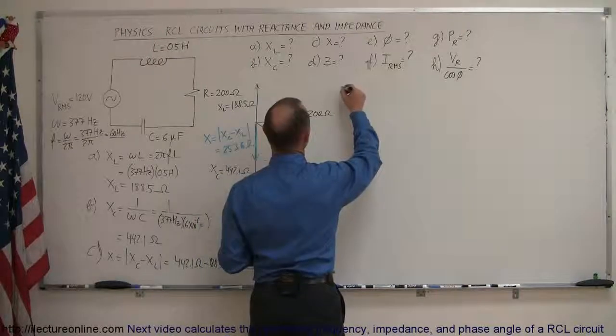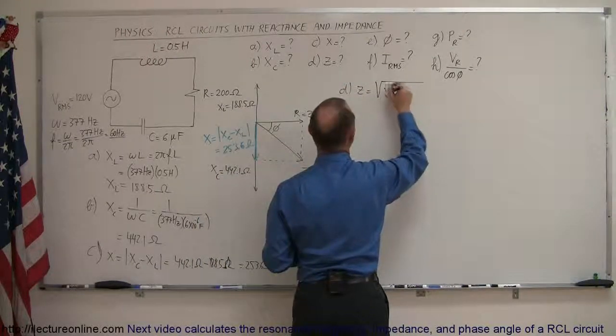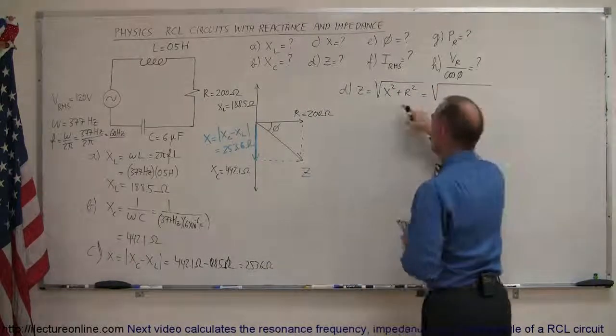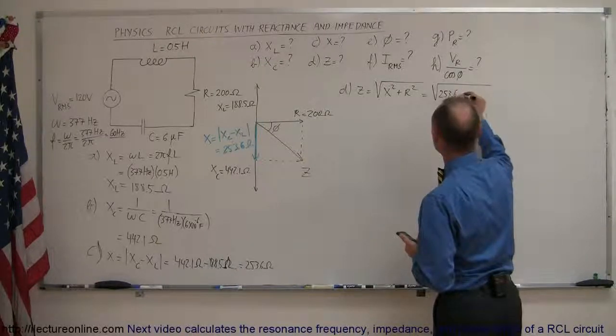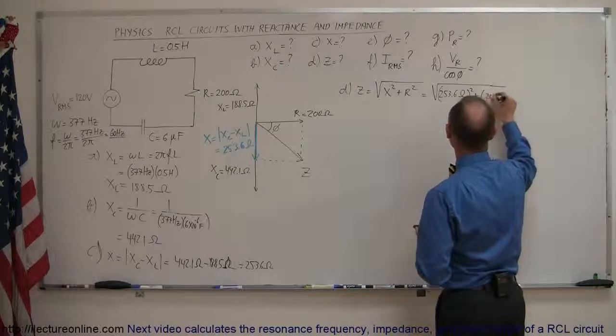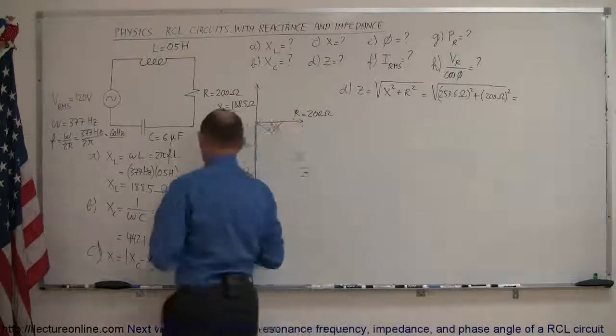We have the impedance, Z is equal to the square root of the reactance squared plus the resistance squared. So this is equal to the square root of the reactance was 253.6 ohms. We have to square that, and then we add to that the 200 ohms of the resistance, and we have to square that as well. And let's see what we get.